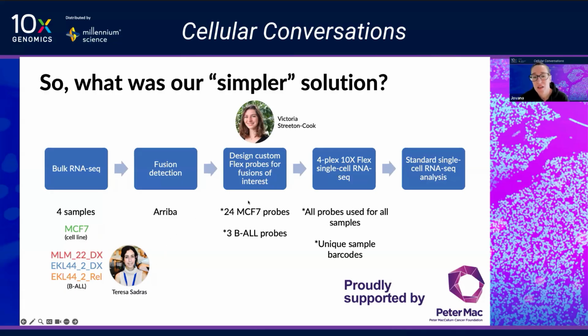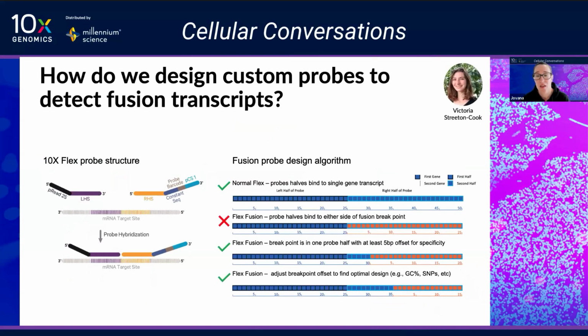We designed 24 different fusion probes specifically for our MCF7 sample, and then 3 probes for the fusions that we knew existed in our patient samples. All probes were used in all samples, and we barcoded each sample so that we could multiplex them in a 4-plex. And then all analysis, once it comes out of Cell Ranger, is as with normal single cell.